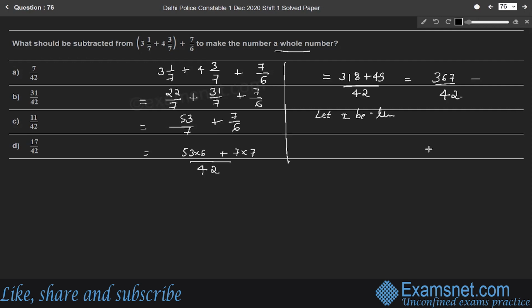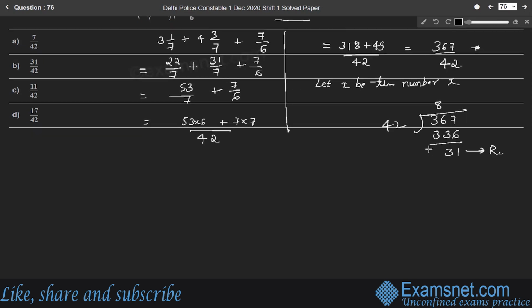It should have the denominator 42, so let us divide 367 by 42. 42 into 8 is 336, so we get 31 as the remainder. If we subtract 31 from 367, then 42 will divide this number.